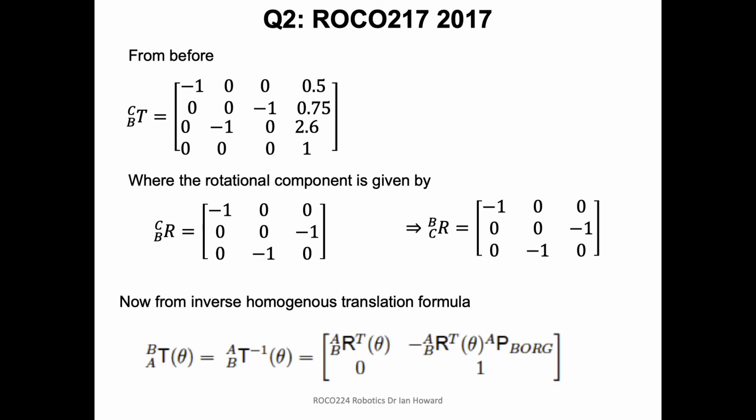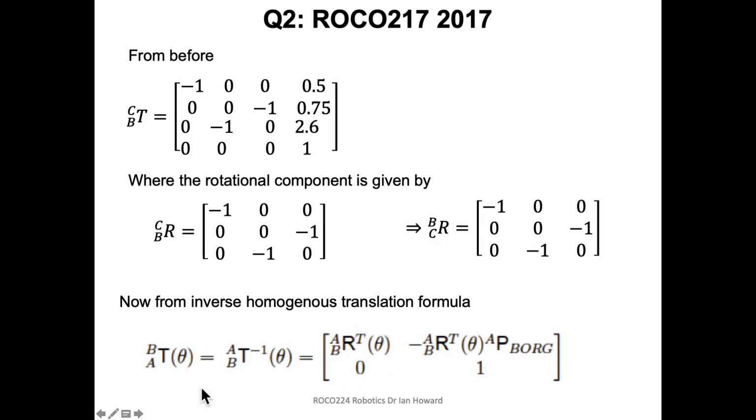And we also know how to generate the overall inverse homogeneous transformation matrix, because if we want to get the inverse of B to A, we need to break it down into its components.